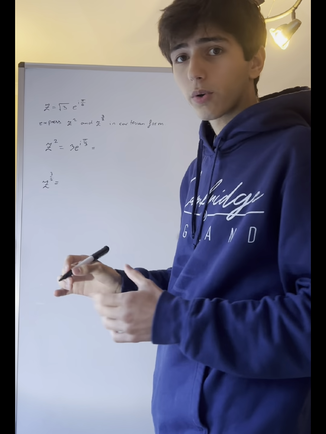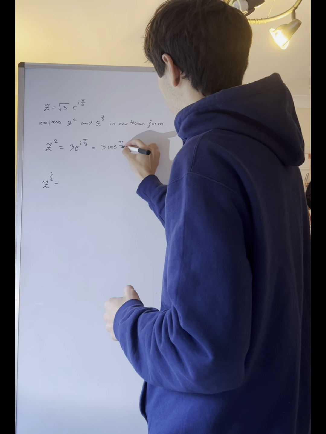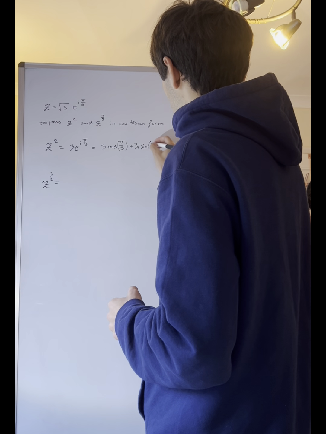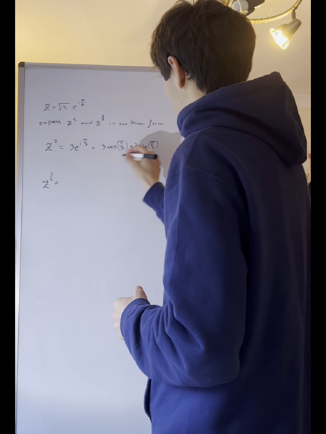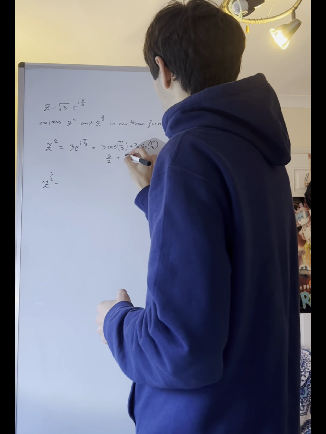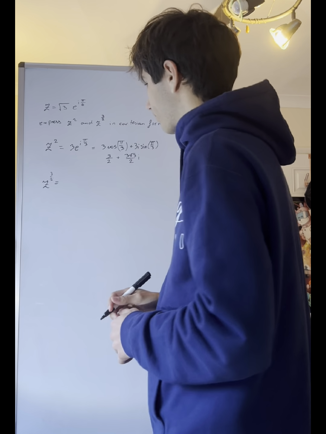So in polar coordinates, those are 3 cosine pi over 3 plus 3i sine pi over 3, which will be 3 over 2 plus 3 root 3 over 2 i.